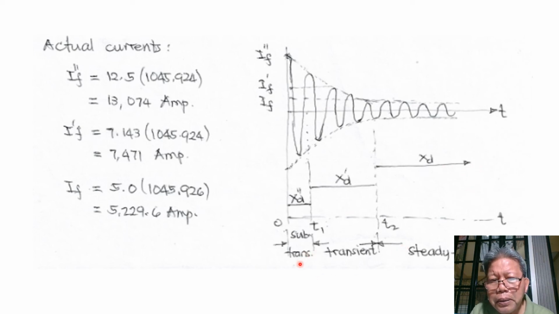So this is the subtransient time, about one cycle to 3 cycles. And then our transient time, from 3 cycles to 6 cycles. And then for our steady state, we have 12 cycles to 120 cycles.